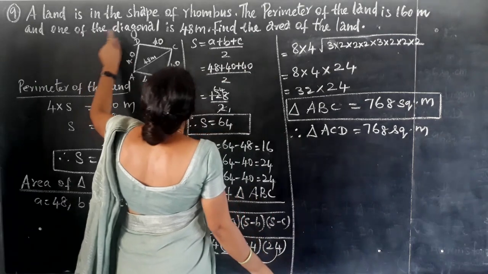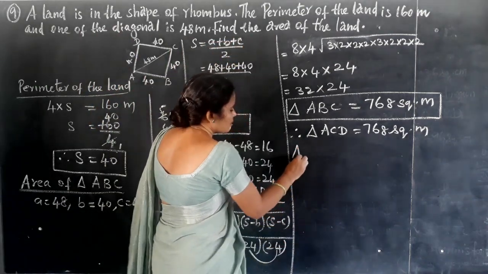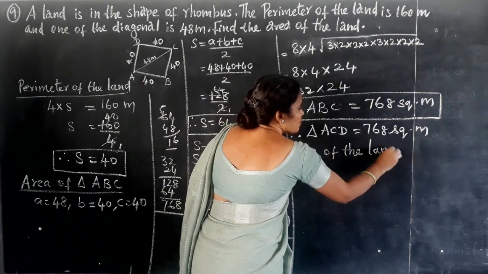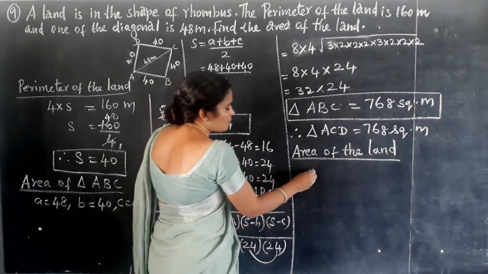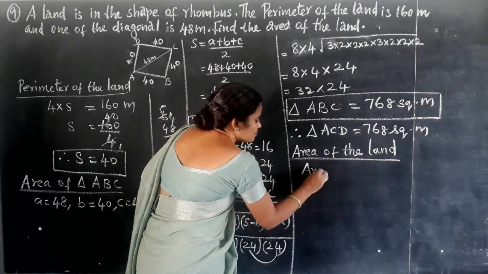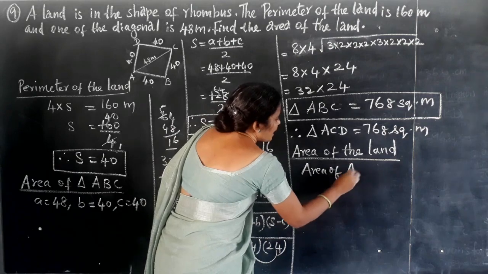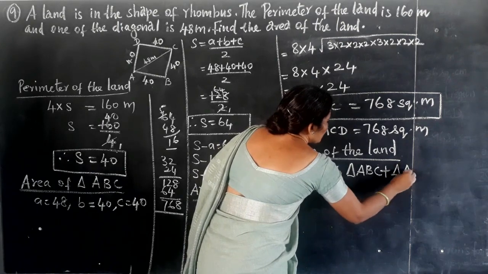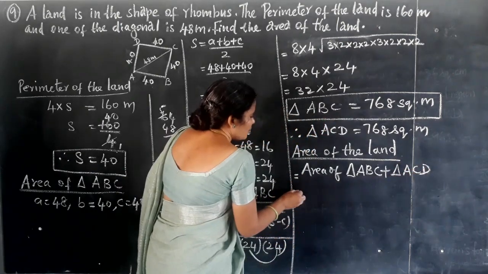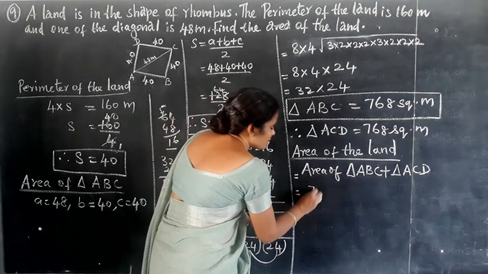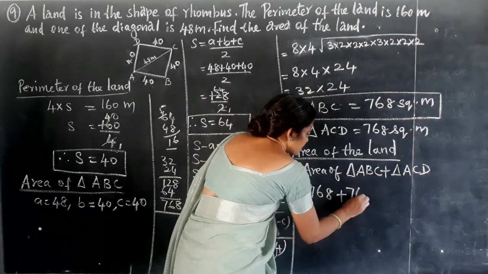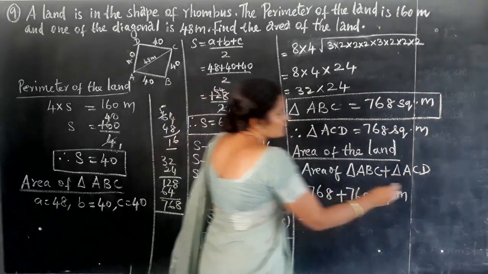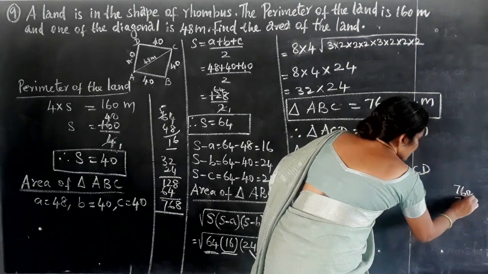Now to find the area of the land: area of the land is equal to area of triangle ABC plus triangle ACD, which is 768 plus 768.